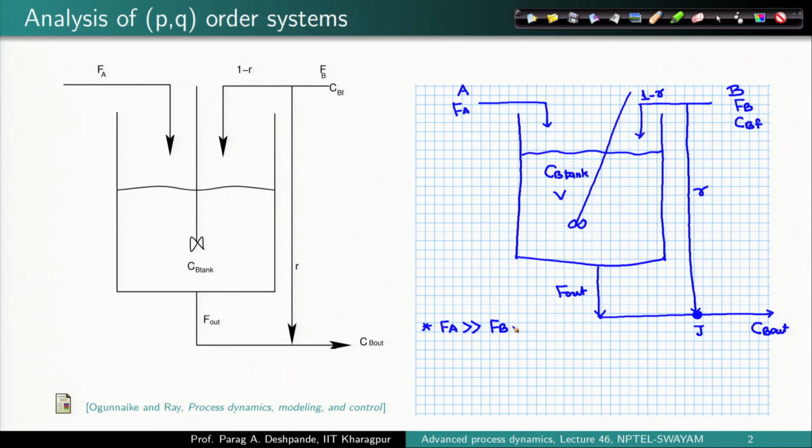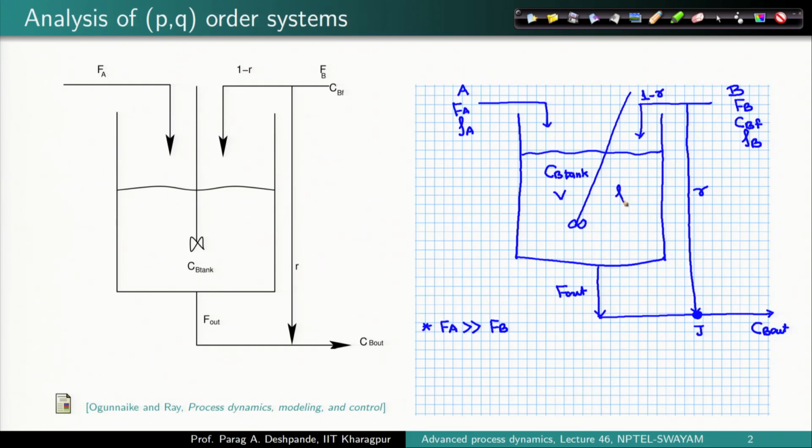That is the first assumption. You see that I have not written any densities anywhere in my system, either on the figure on the left hand side or the figure which I have drawn on the right hand side. This should give you an idea that you have a constant density system, but before that, let me say that the density is rho A for the stream coming from the left hand side, and rho B for the stream coming from the right hand side.